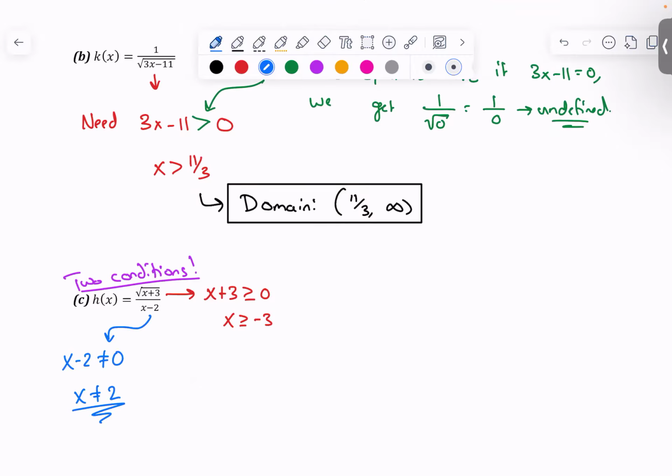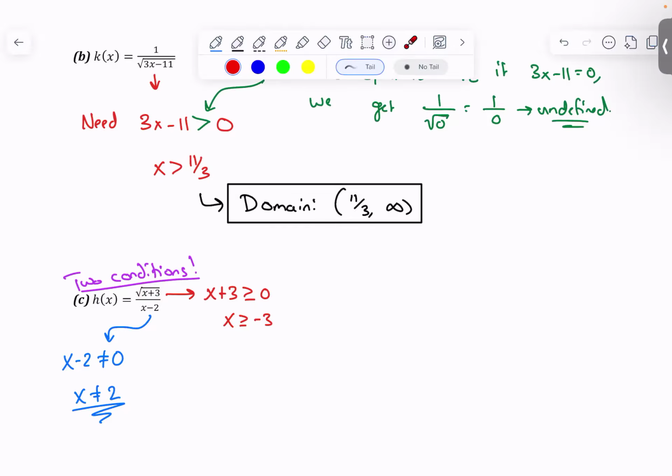So both of these need to be true at the same time. Yes, I can plug -4 into the denominator: -4 minus 2 is -6. That's okay. But we'd be taking the square root of a negative number up top. We'd have the square root of -1 divided by -6. It's not a real number. And on the flip side, even though 2 works in the square root, we'd be taking the square root of 5 and dividing it by 0.